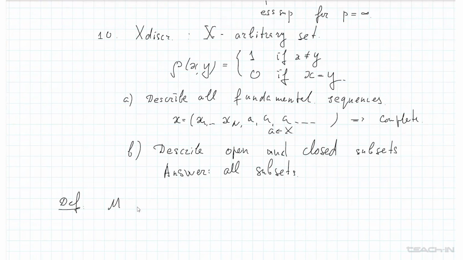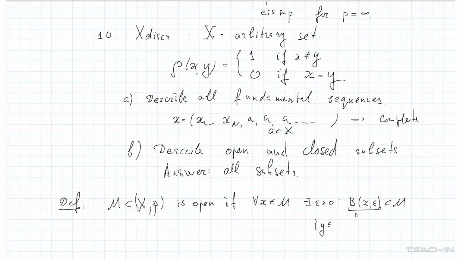So let M belong to X. M is open if, by definition, for any point x from the set M there exists a positive epsilon such that the open ball with center x is contained in M. This is the notation for all y such that the distance from x, by definition, is less than epsilon.